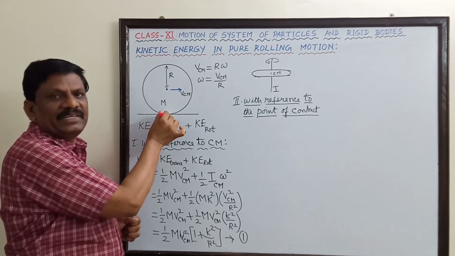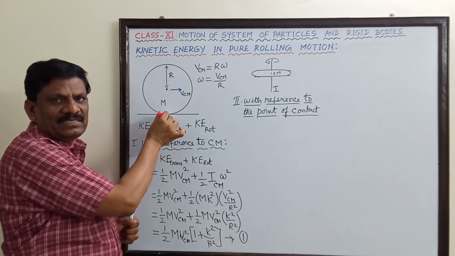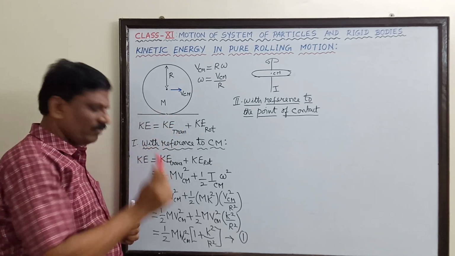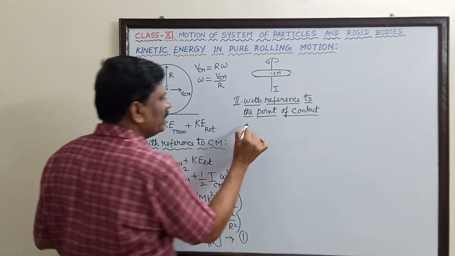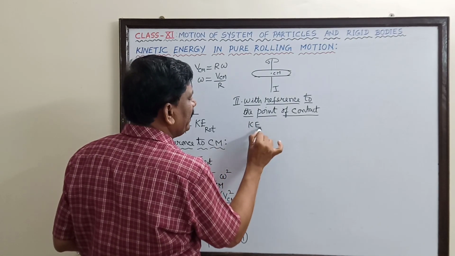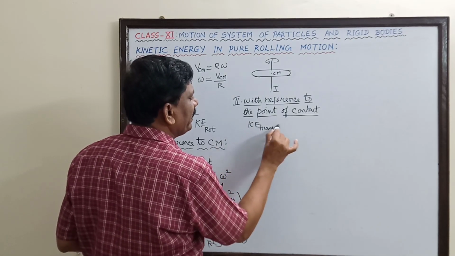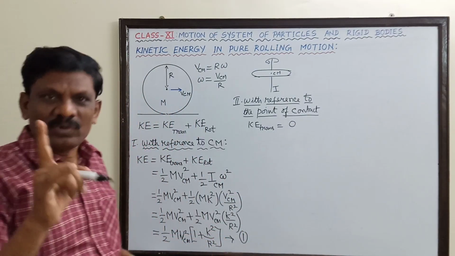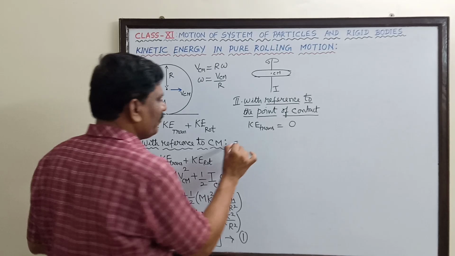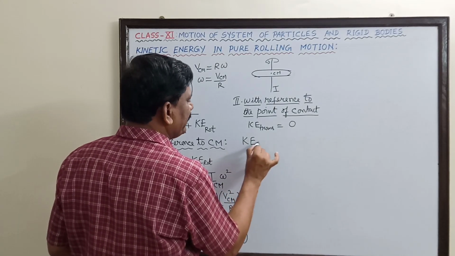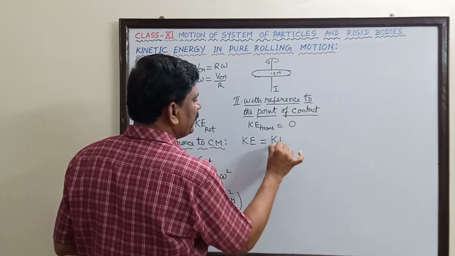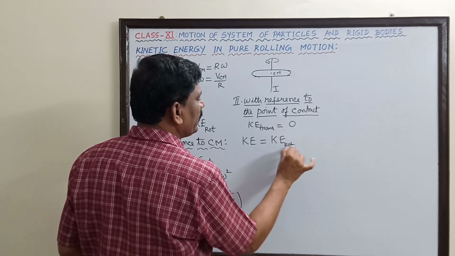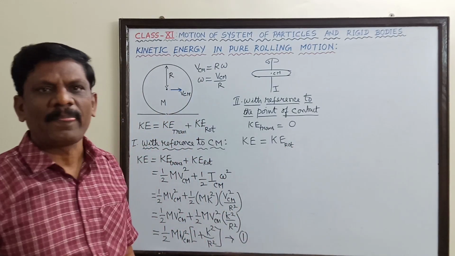They are equal in magnitude and opposite in direction. Resultant velocity is equal to 0. Therefore, the translatory kinetic energy is equal to 0. So it has only rotational kinetic energy. Therefore, the total kinetic energy is equal to its kinetic energy of rotational motion only.